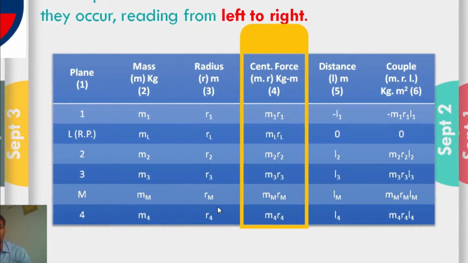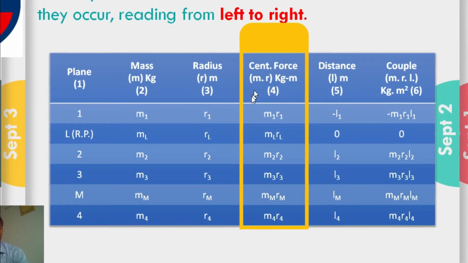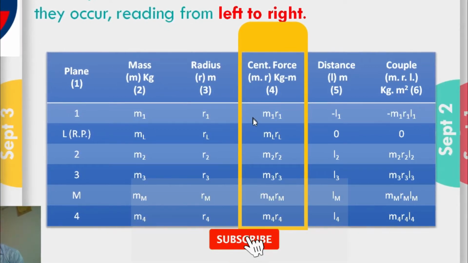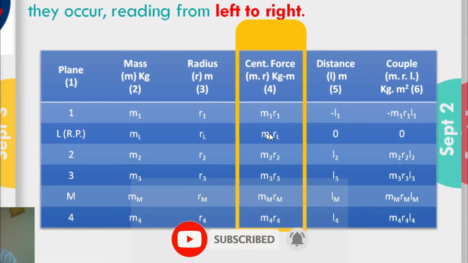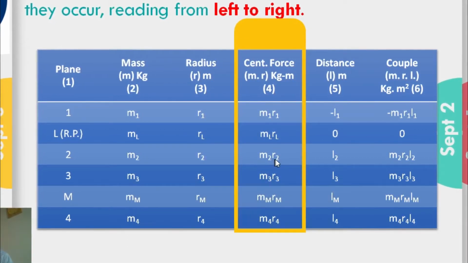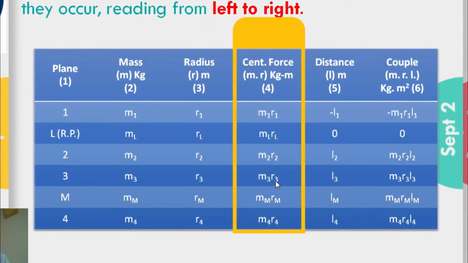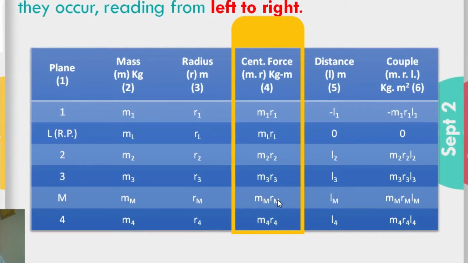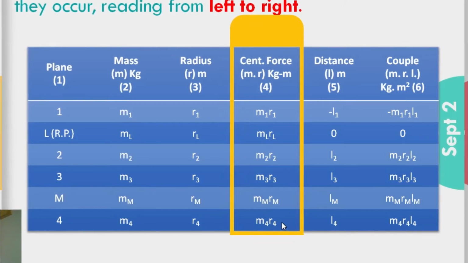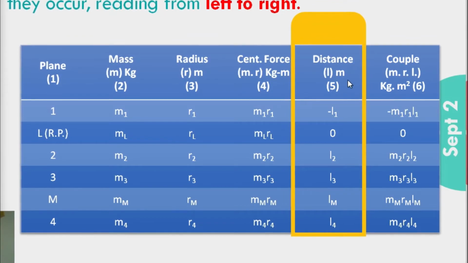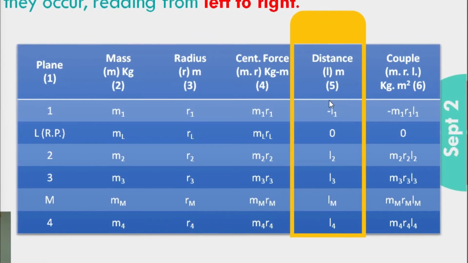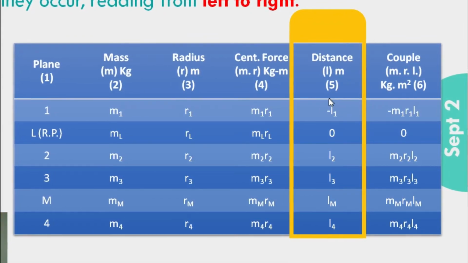Column number 4 is for centrifugal force. For FC1, M1 R1, ML RL, M2 R2, M3 R3, MM RM, M4 R4. The fifth column is for distance. Here you can see the value is minus L1.